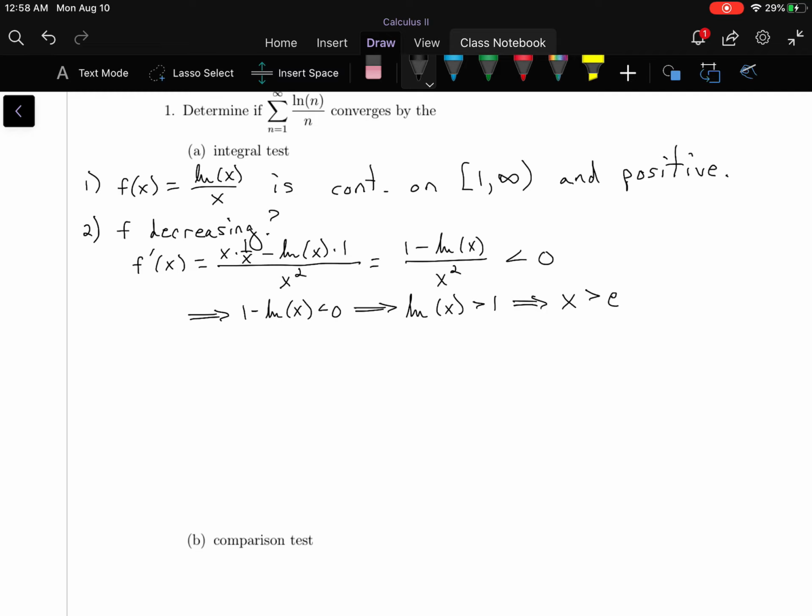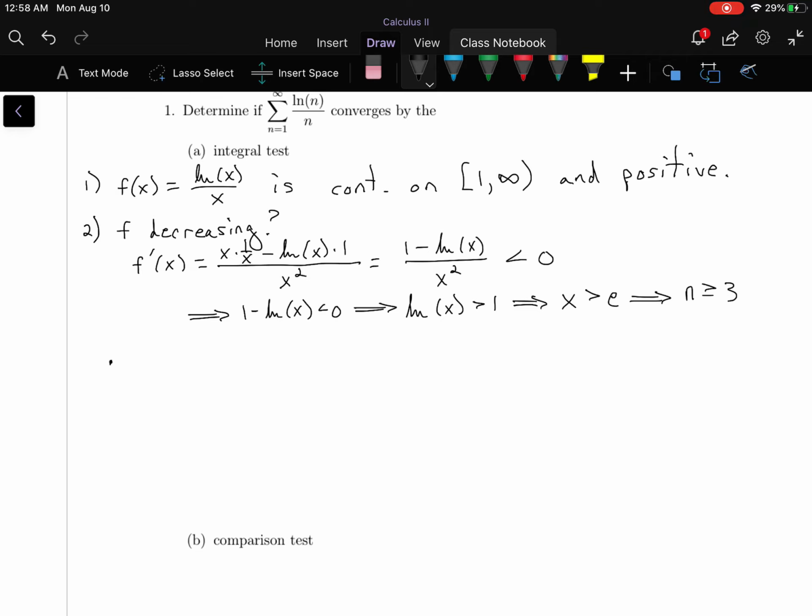And remember, x is actually a counter, so this really corresponds to n greater than or equal to 3. Keep that one in mind, we're going to make use of it at some point. It doesn't have to be right now. Working with e is going to be fine. But we satisfy continuity, positivity, and decreasing.